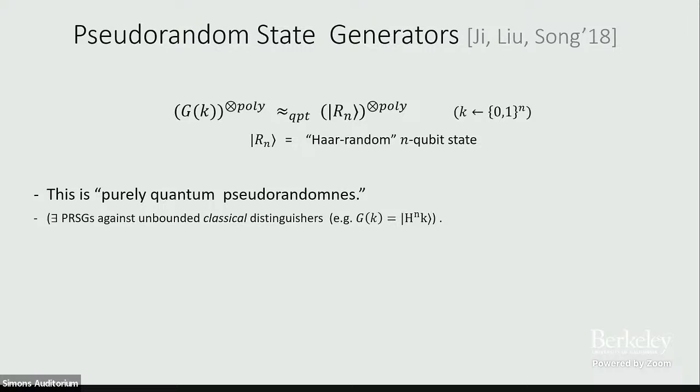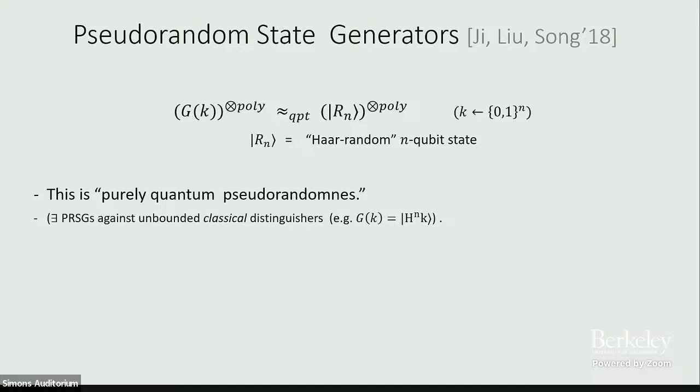If this is the only thing you can do, then PRS is trivial, you can just do it against computationally unbounded adversaries, right? Whatever the generator on K, you just apply Hadamard on K, and that's it. Of course, you get a state which, when you measure it, gives a completely uniform string. So it looks like a PRG, but it's something very different.